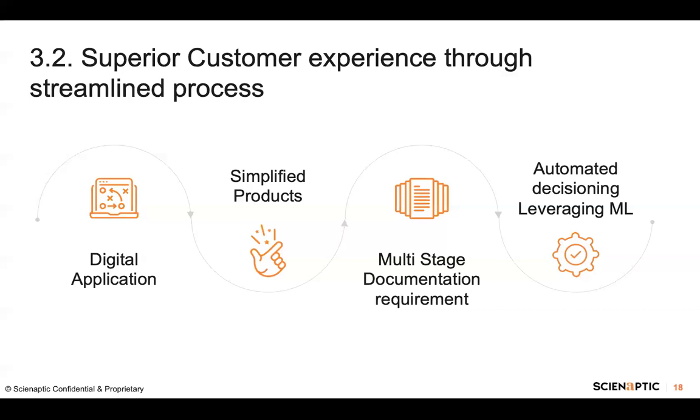That's primarily because the final decision was driven by underwriting procedures, which took 7 to 10 business days, within which the small businesses took the loan from an alternative source. So in summary, there's a need to provide a superior customer experience by streamlining the underlying process of application itself.